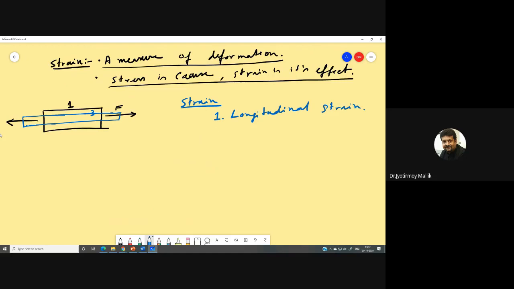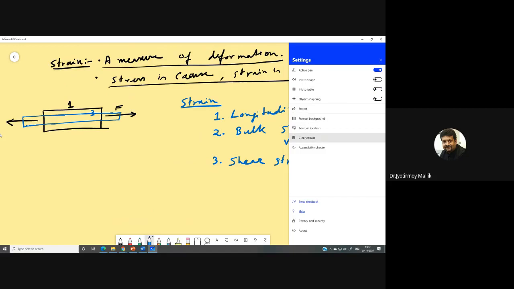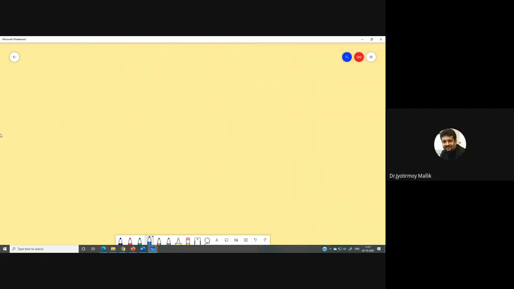The second we call bulk strain, or this is also called volumetric strain. And the third is shear strain. Now let us look at them one by one. So let's begin with longitudinal strain.